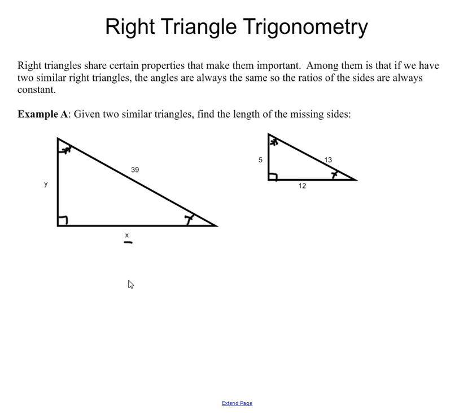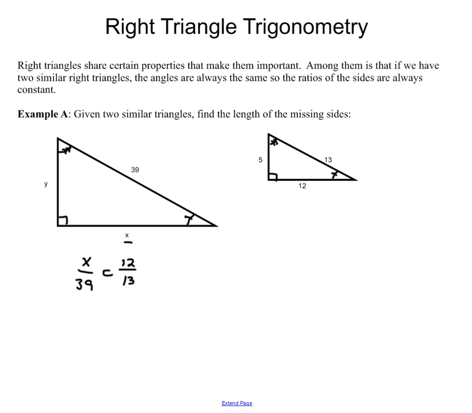Well, what must happen? That means that if we were to take the ratio of this length x to this length 39, it would be exactly the same as the ratio of that side 12 on the smaller triangle to its longest side 13 in the smaller triangle.